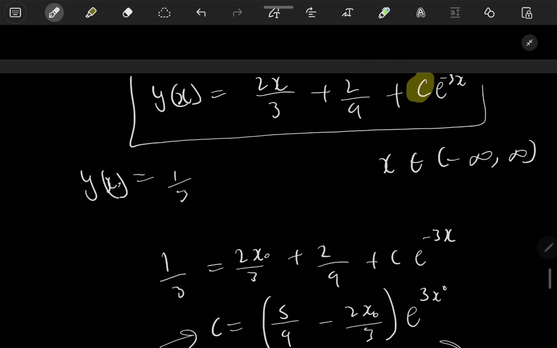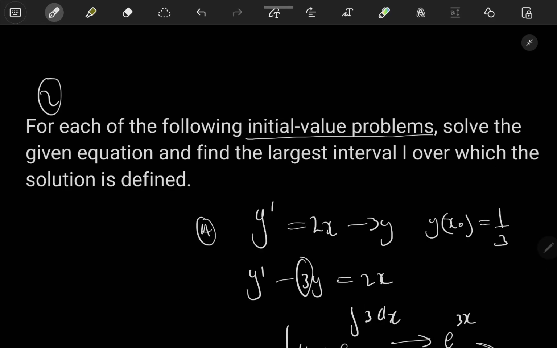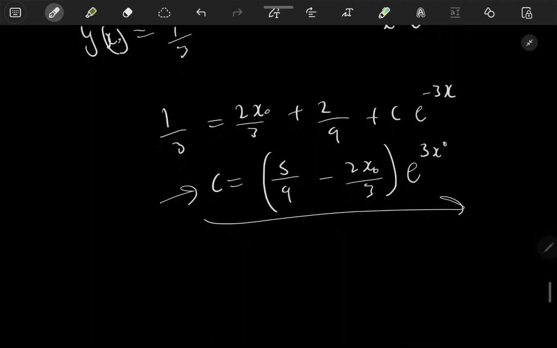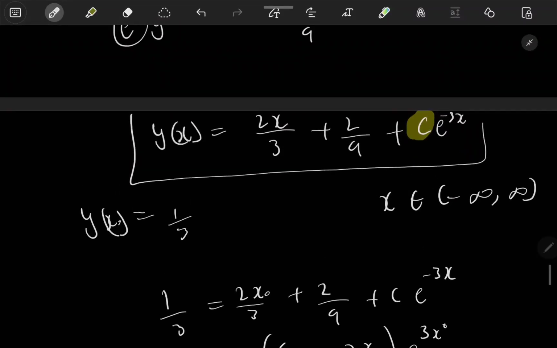It will look dirty, hopefully very simplifiable. And when I read the problem again, they said largest interval. Since we have negative infinity to positive infinity, I don't even have to plug this back in to find the largest interval, because there's nothing bigger than this interval.